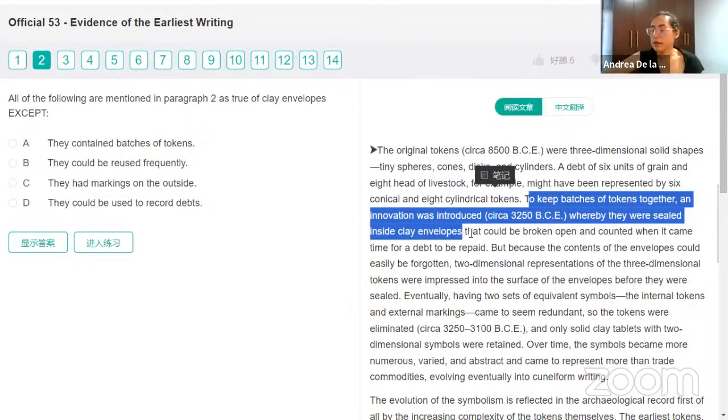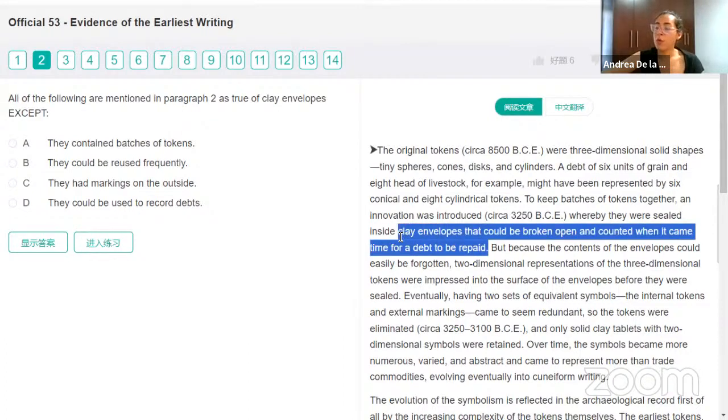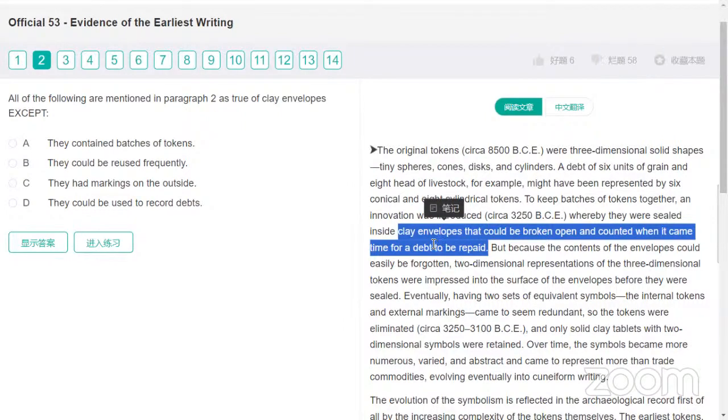We continue reading. What else do we know about clay envelopes? It says clay envelopes could be broken open and counted when it came time for a debt to be repaid. Okay, so we know that they were opened when it came the time for a debt to be repaid. Do we have that information? D, right?